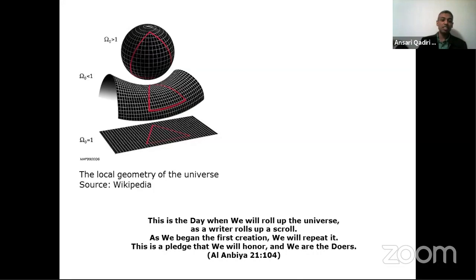And scientists are still researching. We are not saying they are wrong. I'm myself part of the scientific community, but we need to work hard to find out by science what is really going to happen. And these are theories that show the geometry of the universe. And the one that is most successful today is the last one that shows it is as if the universe is flat. It's like a paper, which makes sense that one day it will be rolled up like a scroll.